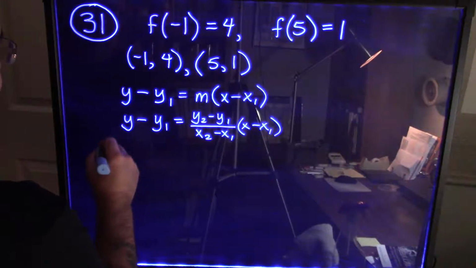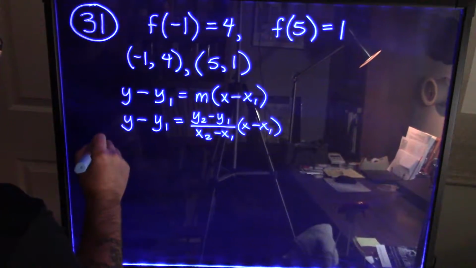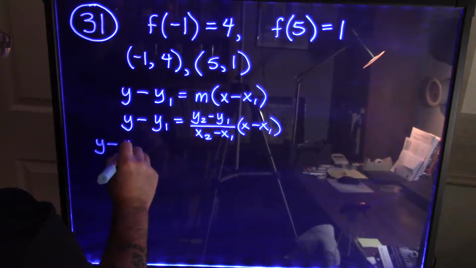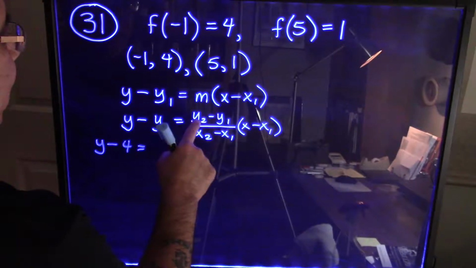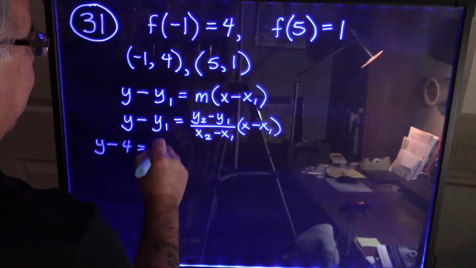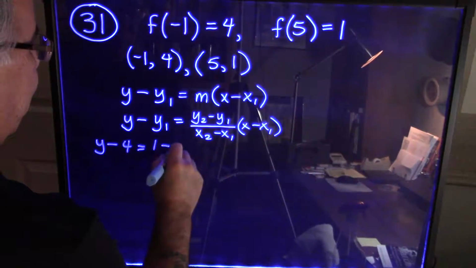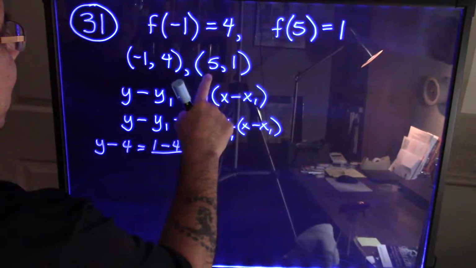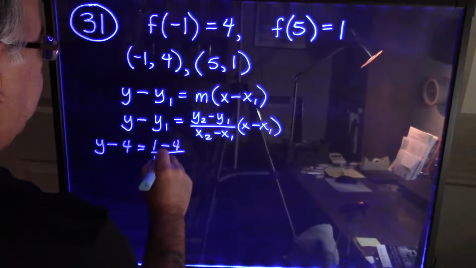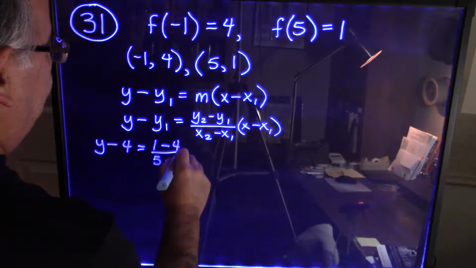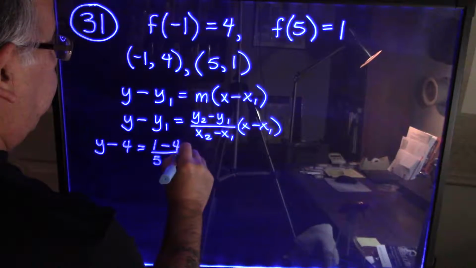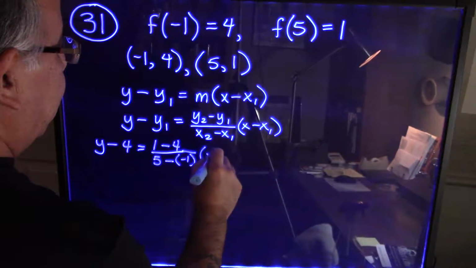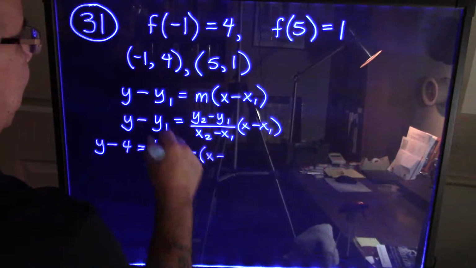So anyway, here we go. This is x1, y1. So you've got y minus 4 equals y2, that would be here, 1 minus y1, that's 4, over x2, that's 5 minus a negative 1, in parentheses, x minus, and then x1 is negative 1.